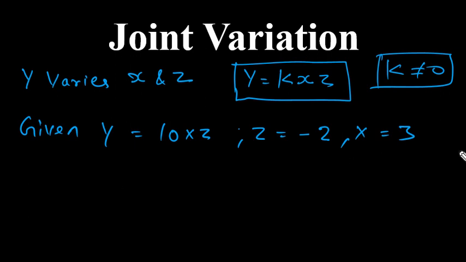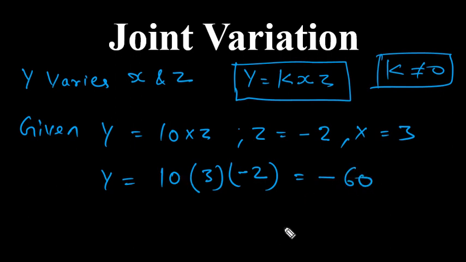So y equals negative x z, x is 3, z is -2. Your answer will be 3 multiplied by 2 is 6, and the negative sign is in front. 6 multiplied by 10 will give you 16. So y will be -16. That will be the simplest type of question.